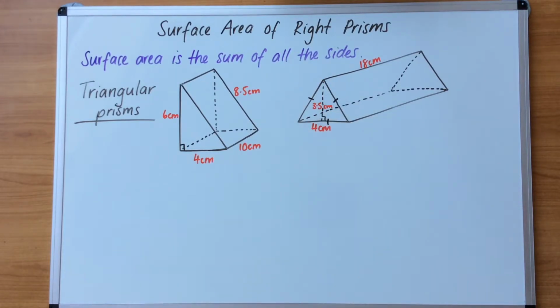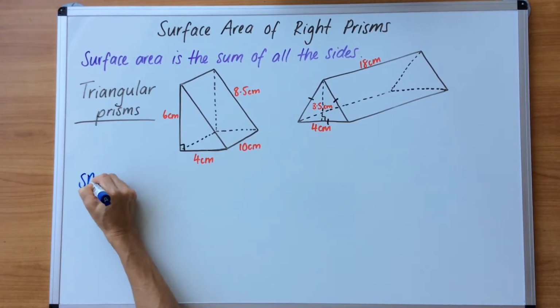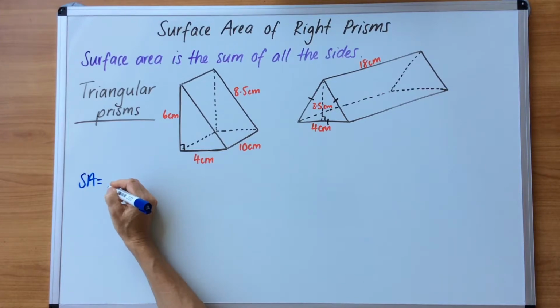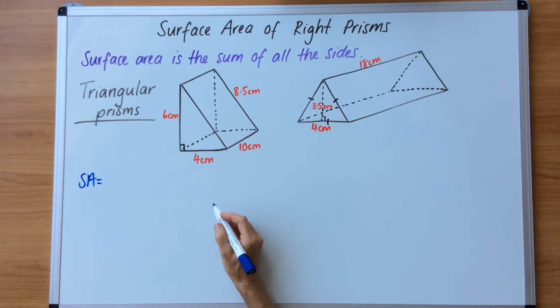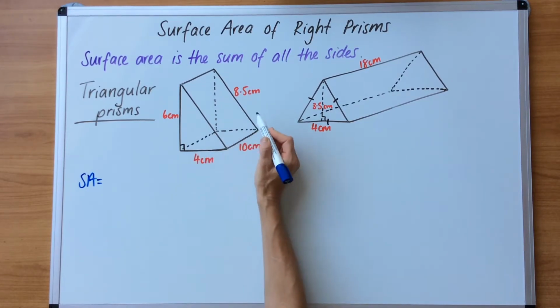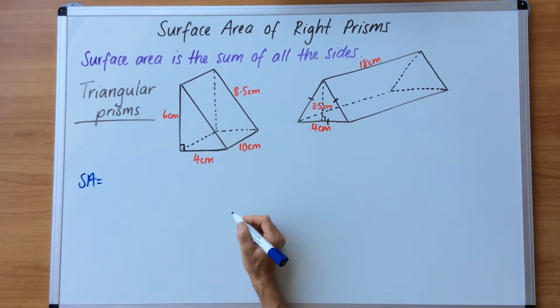Let's start on the left here. We're going to calculate this first one. So we have to write the rule. So surface area equals. And because surface area is adding up all the areas of these shapes, I've got 1, 2, 3, 4, 5 shapes I've got to add up. So 2 triangles and 3 rectangles.